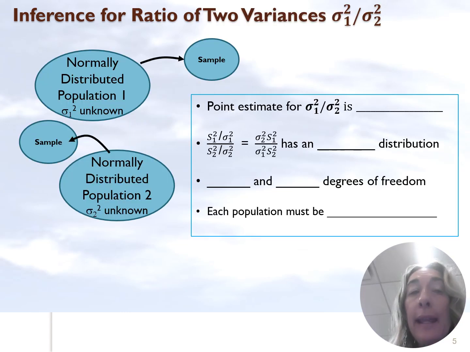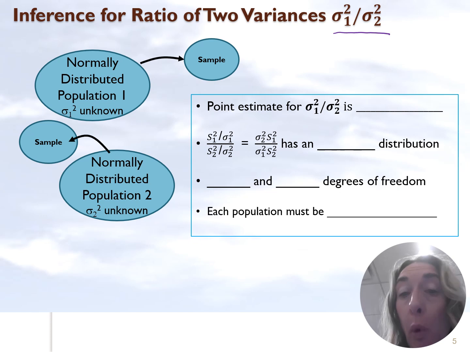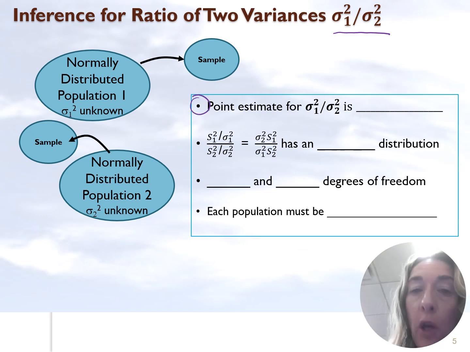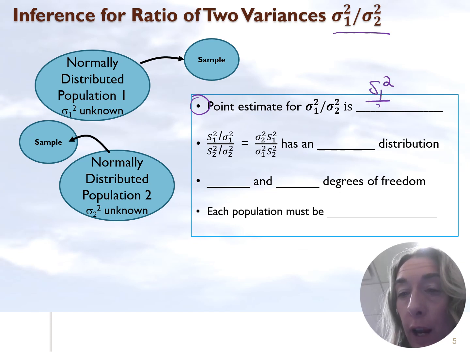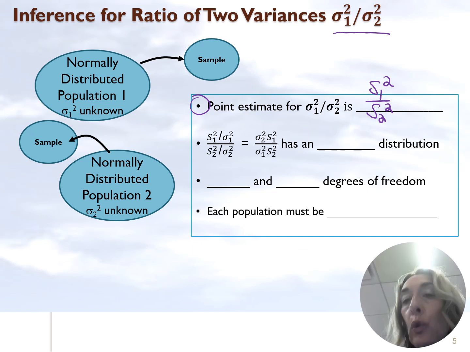Let's next talk about inference for the ratio of two variances from two independent populations, or sigma 1 squared over sigma 2 squared. We know the point estimator for sigma 1 squared over sigma 2 squared is S1 squared over S2 squared, or the ratio of the two sample variances from those populations.